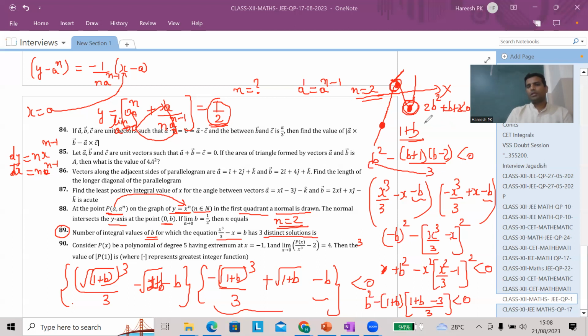So the roots are minus 1 plus or minus root of b square minus 4ac whole divided by 2a. Once you find the roots, you should use the wavy curve method and see how many integers are there in this region. So that is the answer. I hope you got it.